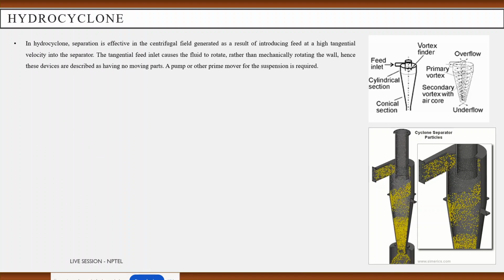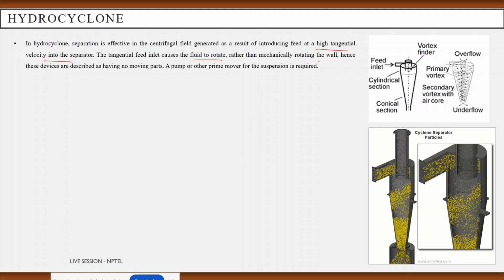Separation is very effective with centrifugal force, generated by introducing the fluid at a very high tangential velocity into the separator, which causes the fluid to rotate inside the cone. You can see the very fine solids are being collected at the bottom. The heavier particles will be collected at the bottom.